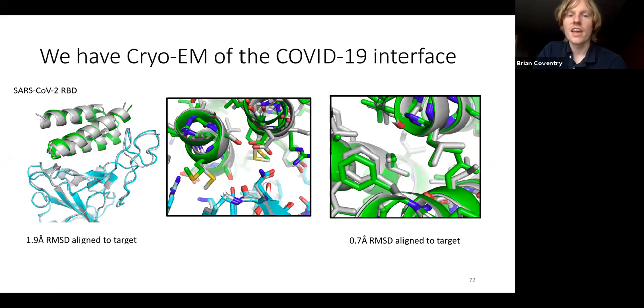In all these circumstances, if you look at the RMSD of the interface of the binder to itself, the scaffold folded very accurately. The binding interface is exactly correct. But then interestingly, the whole binder shifts a little bit because Rosetta's not great at modeling this kind of thing. And so we have accurately designed proteins that then bind differently.